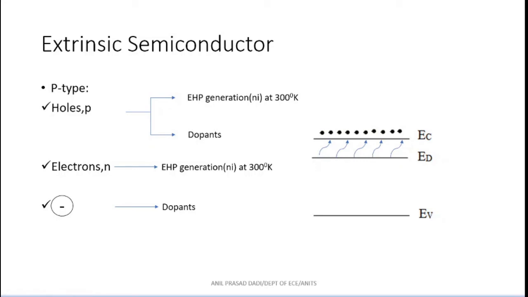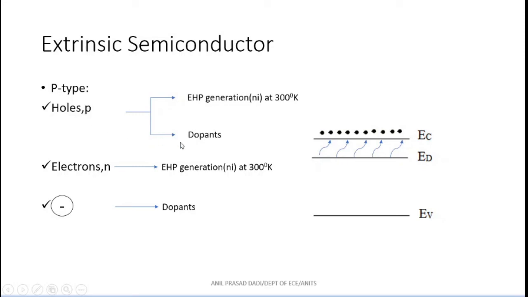Ionization means if an atom is given an electron, it becomes a negatively charged ion. If an atom has taken an electron away, it becomes a positively charged ion. Once it has given or taken the electron, it becomes ionized. So electron hole pair generation happens at 300 degrees Kelvin, and because of that, holes are being created. Got my point?